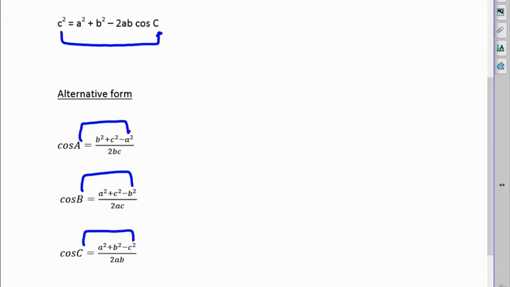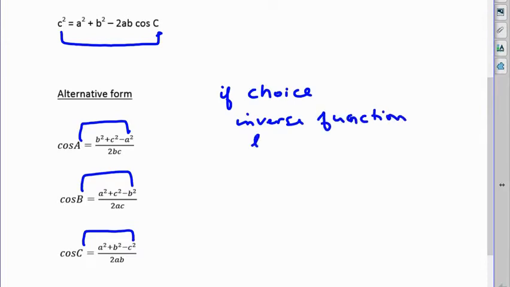Now, if you have a choice and you're doing an inverse function, and you have a choice between law of sines or law of cosines, the better one to choose is law of cosines.